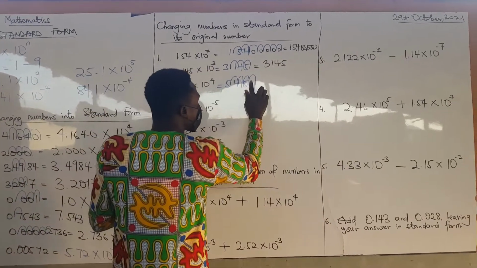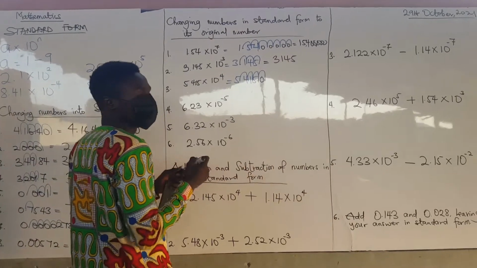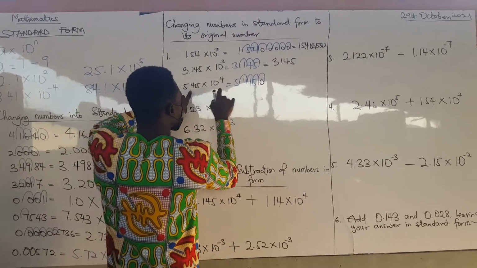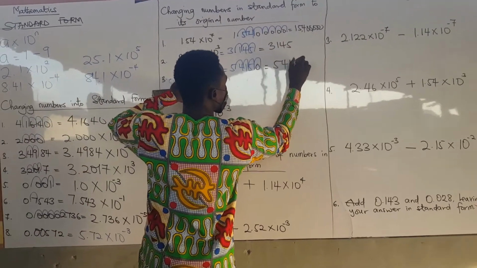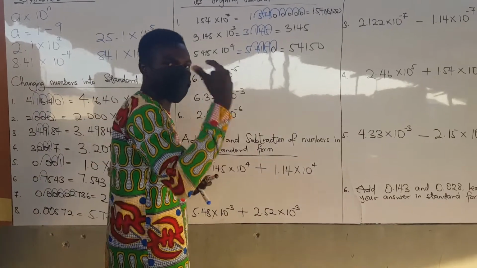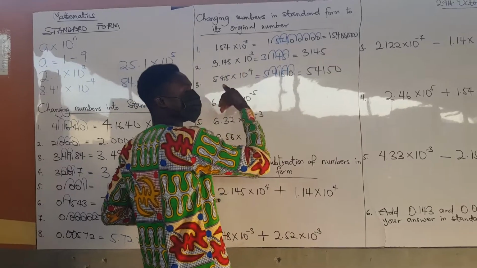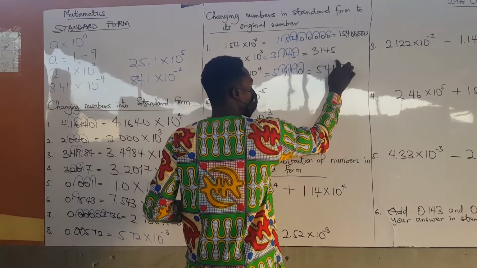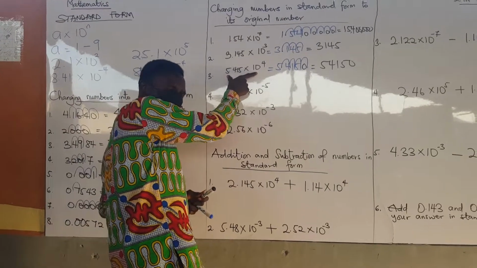Because there is no number here, we are going to replace it with 0. So the original number for this standard number is 54150, which is 54,150. And if you change this into standard form, it's going to be 1, 2, 3, 4. You are going to get the same thing here.